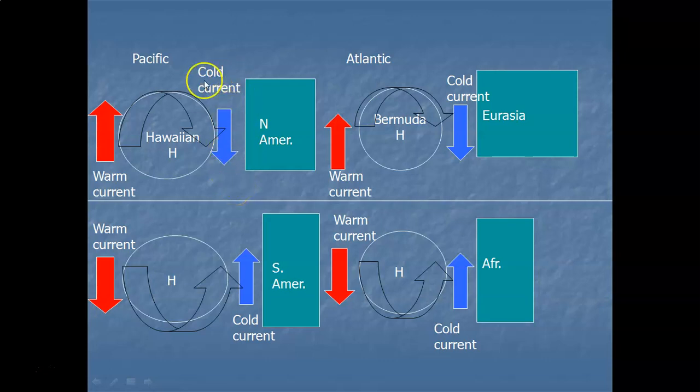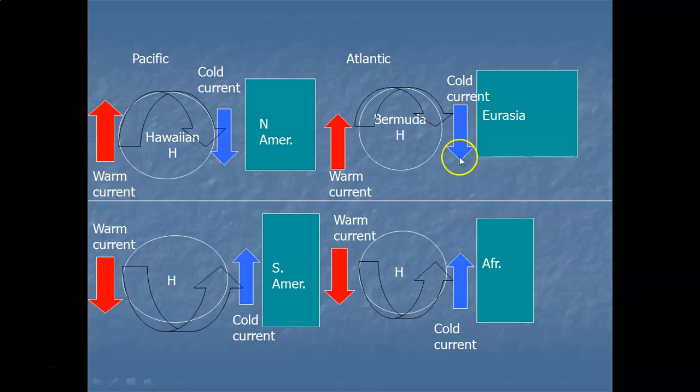And then you continue in the direction of the clockwise circulation, and you're getting warm tropical waters being brought northward. And over here is China and Japan. And so you wind up with warm waters being brought along the east coast of China, and it's called the warm Japan current.